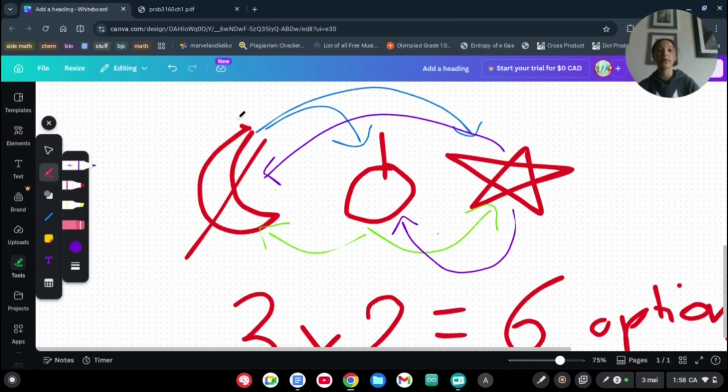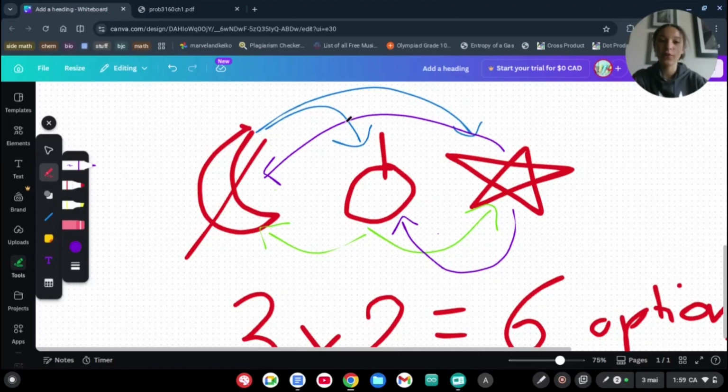How many fruits could I pick at first? I could have picked the banana, the apple, or the star fruit. So there are 3 different fruits I could have picked, and for each of them, I could make 2 groups. And so in total, I have 6 groups that could be made, right? I'm not assuming I picked one first over the other, it's just all the possibilities out there. There are 6 groups that can be made.